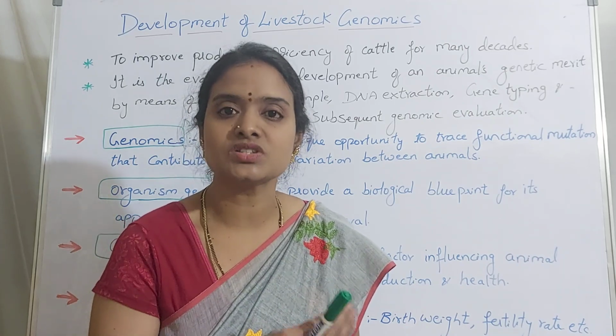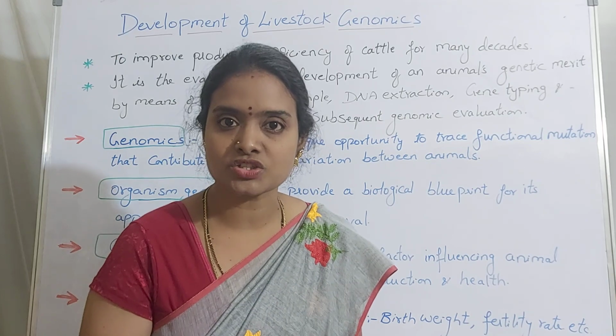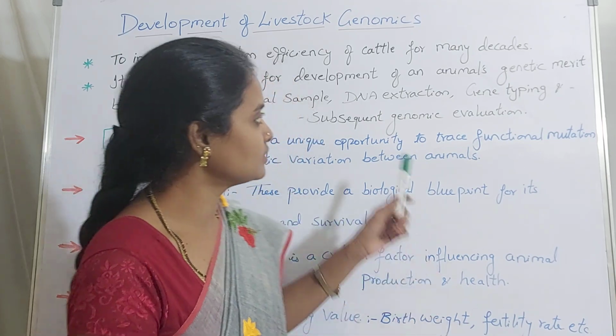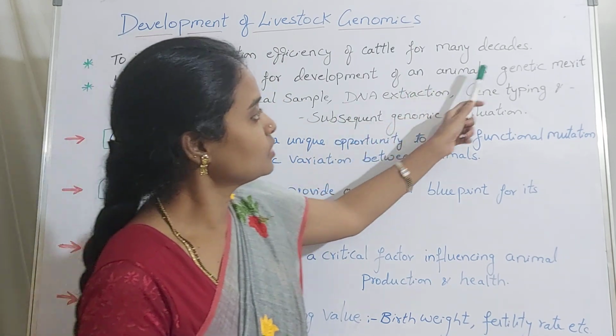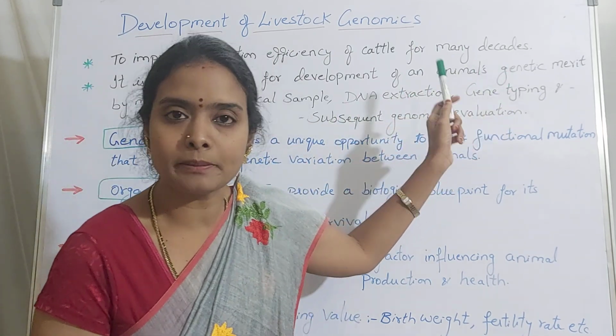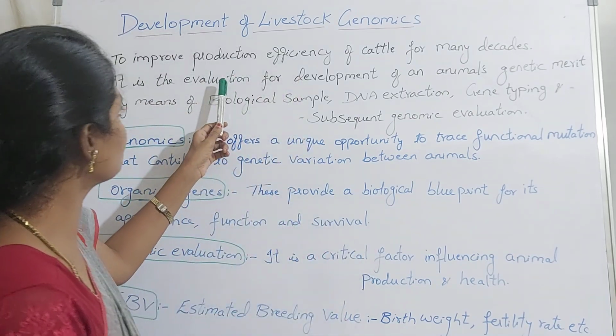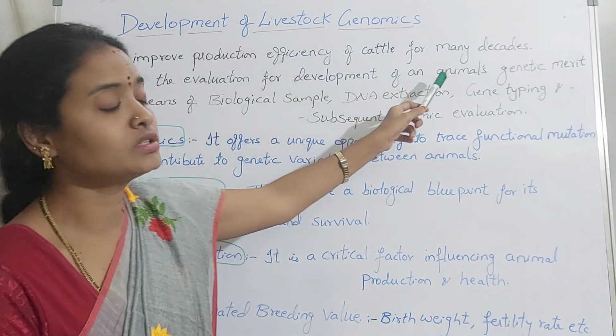Whether they are efficient in increased reproduction, increased milk production, wool production or any other characters, right? So here you are going to rank the animals based on their superior qualities.